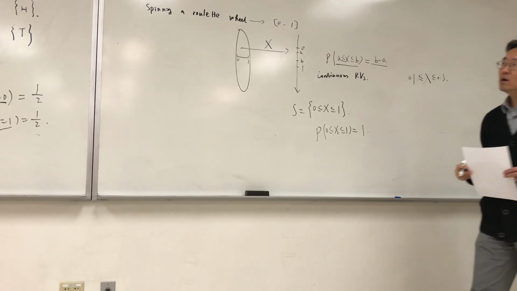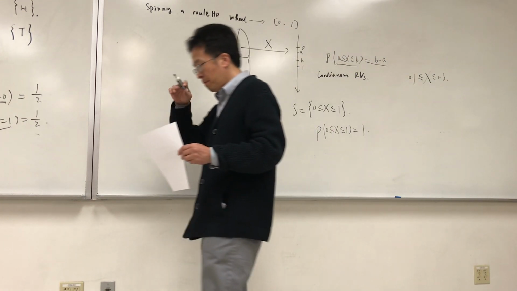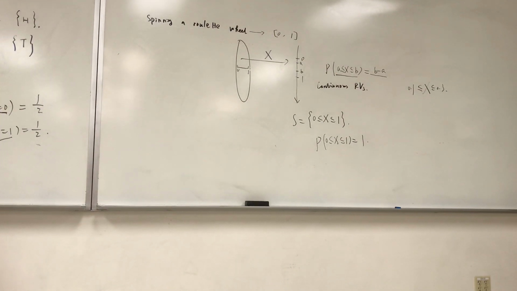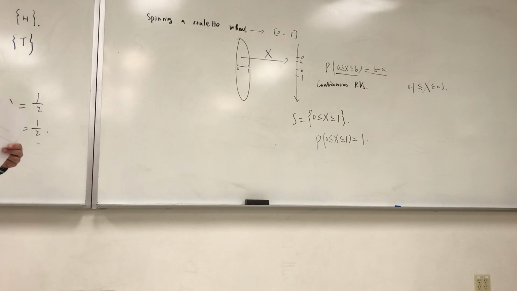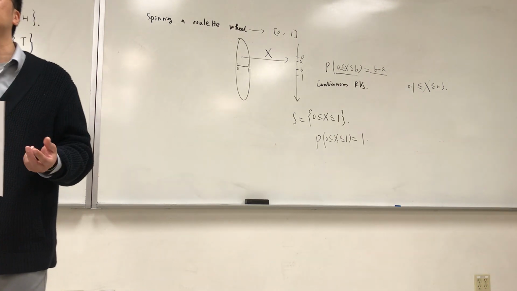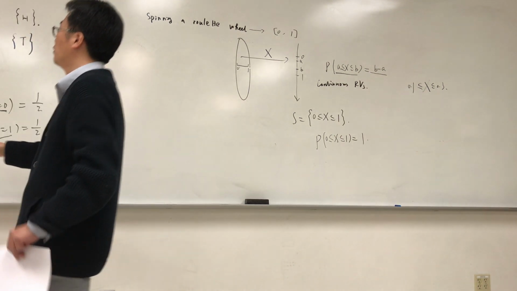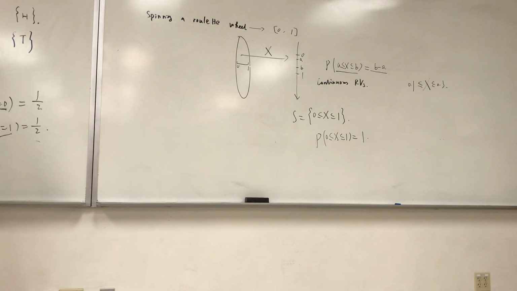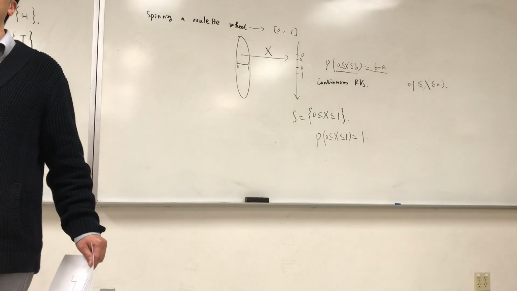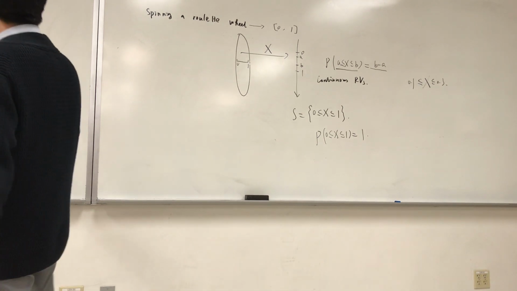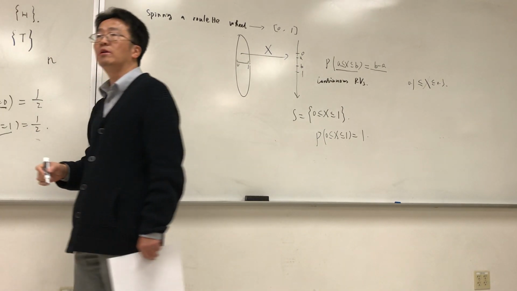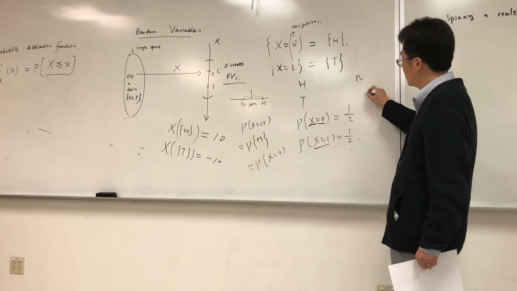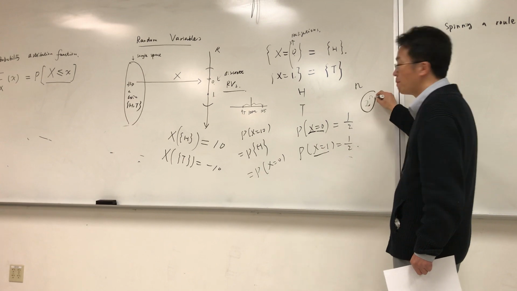And here, remember, so far we have focused most of the time on finite sample spaces, right? For example, this type of sample space. Then the number of subsets will be finite, because if you have n outcomes in your sample space, then the total number of subsets will be 2 raised to n, right?